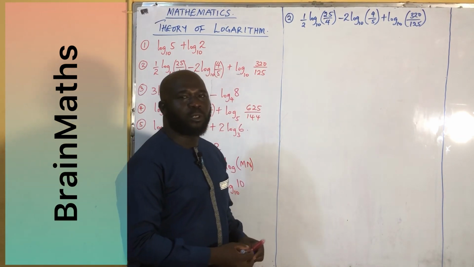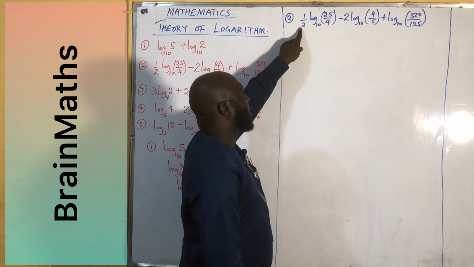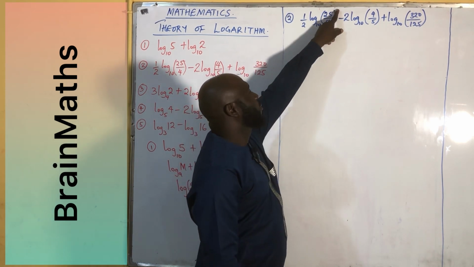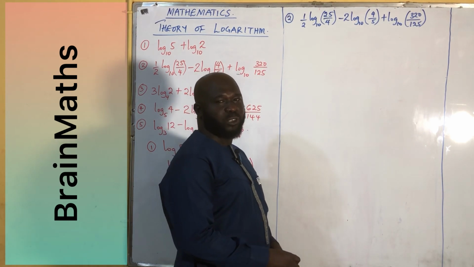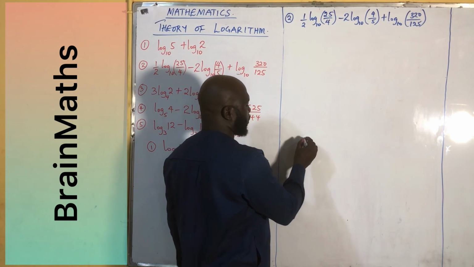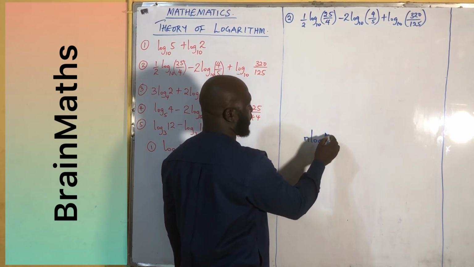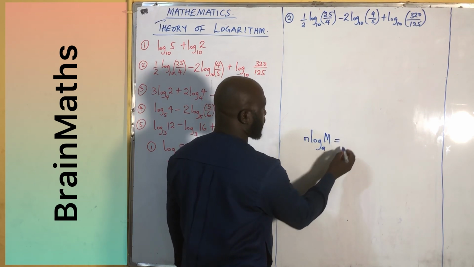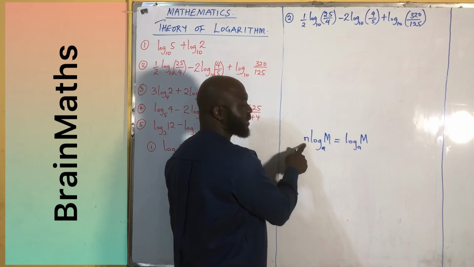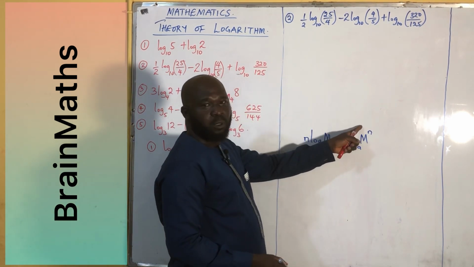Now, the first thing we need to do here is to remove this whole number from the front of the logarithm and put them at their expected position. Where are we expected to put them? If you don't forget the rule that says n log a of m, it is going to give us log a of m, with this n coming back to the power position.